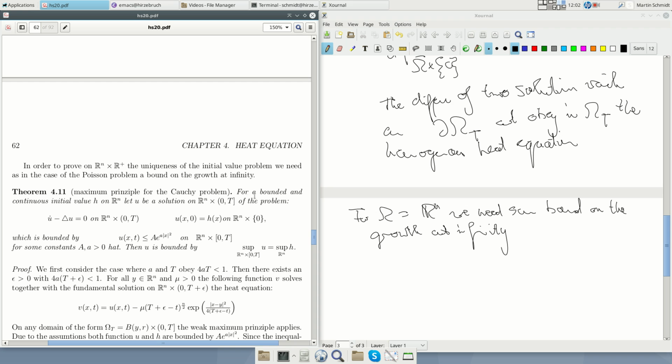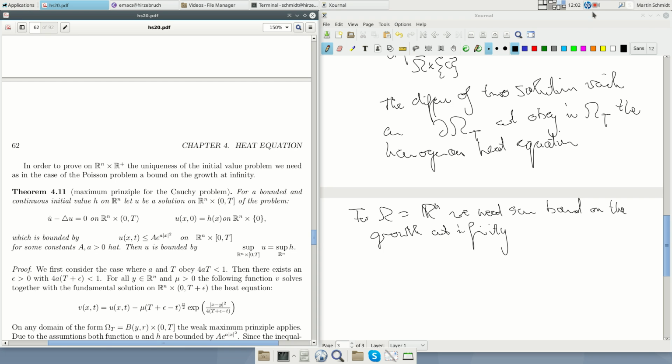Okay, so now what is the statement? For a bounded and continuous initial value h, let u be a solution of the initial value problem, which is bounded by an exponential on this interval for some positive constants. Then u is bounded by the supremum of h. Okay, so this is a mistake.